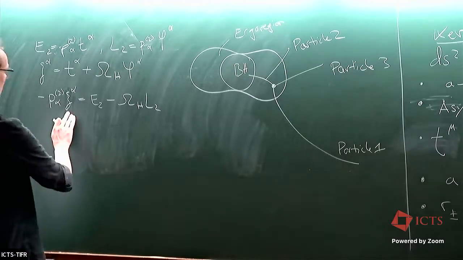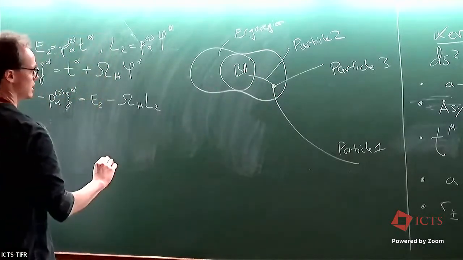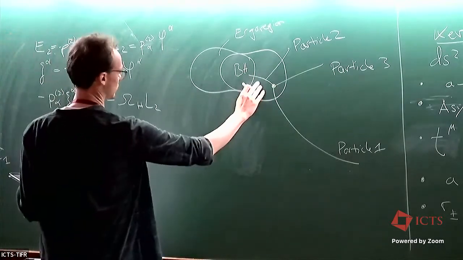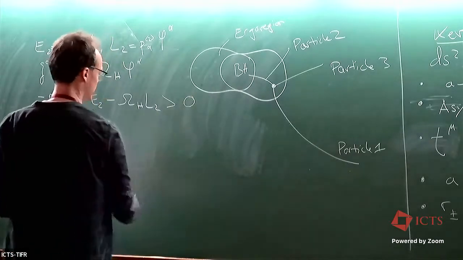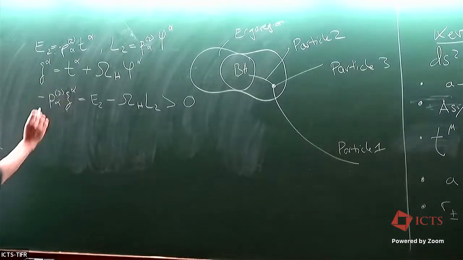But we know that Xi is time-like outside the horizon, and so there, this must be positive, basically because there's a minus here, and then P is time-like.